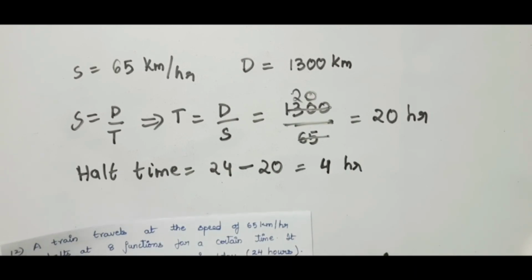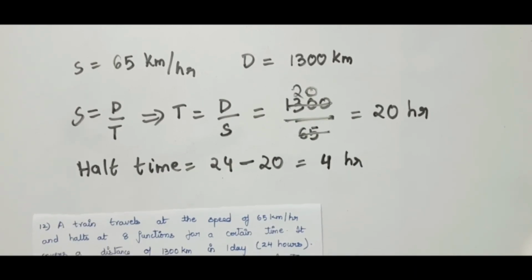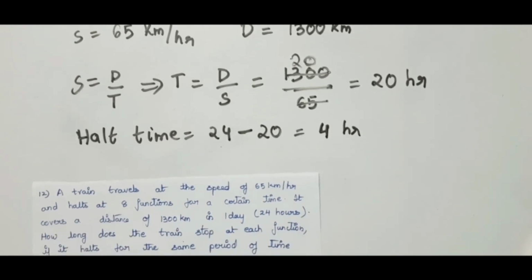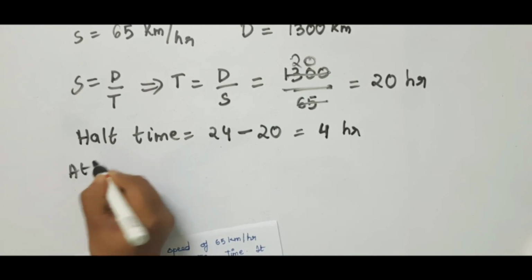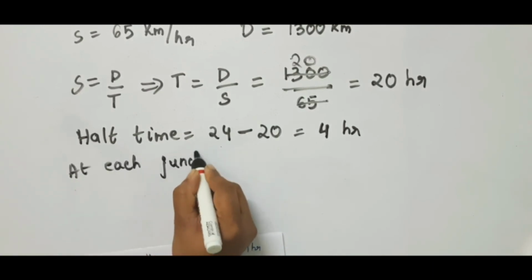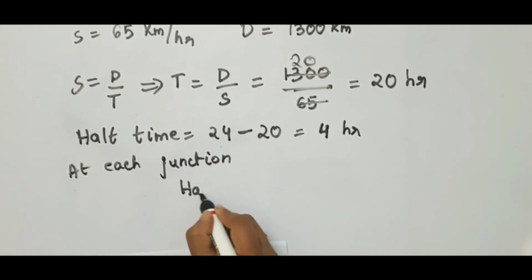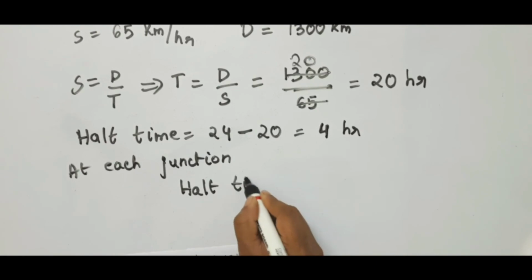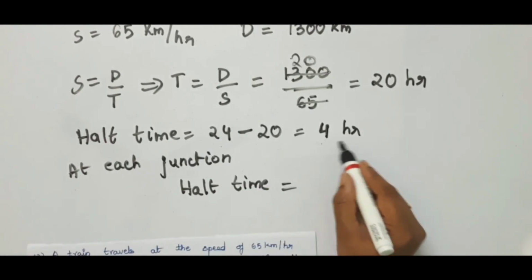Once we got the halting time at the stations, then we can easily calculate how much time it halted at each junction. So at each junction, the halting time is nothing but this: it is 4 hours, is it not?